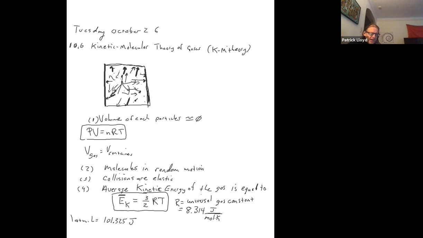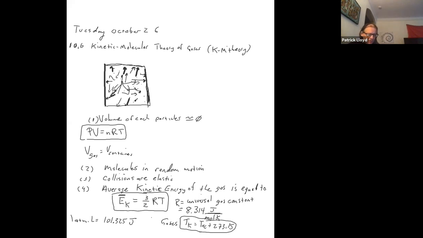So you have this 3/2 times the gas constant times the temperature. And then, since these are gases, with gases, you want to use Kelvin. So we're not going to change that. Temperature should be in Kelvin just as it was before. And what this says is the following. It's kind of interesting if you think about it.